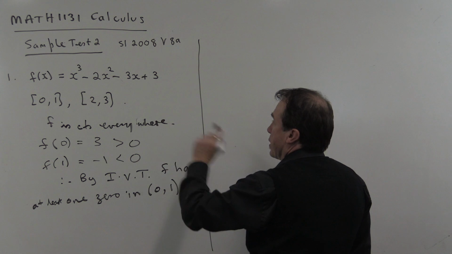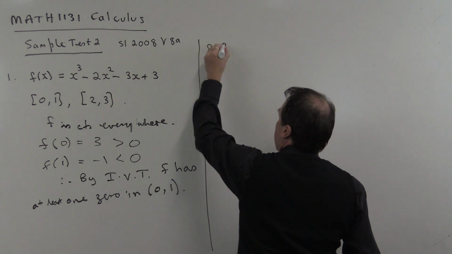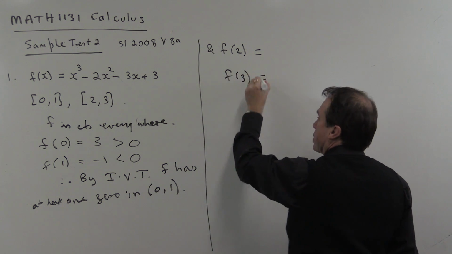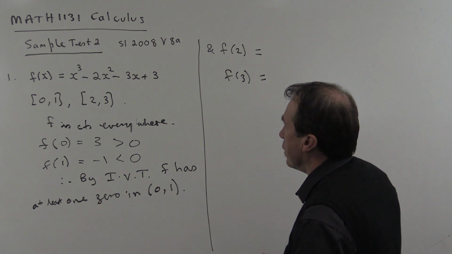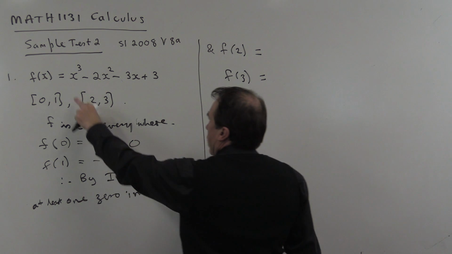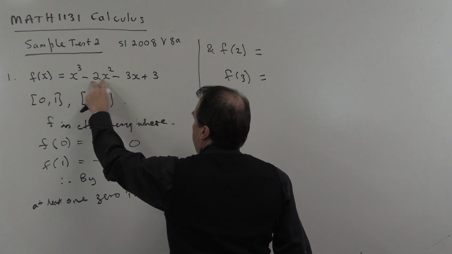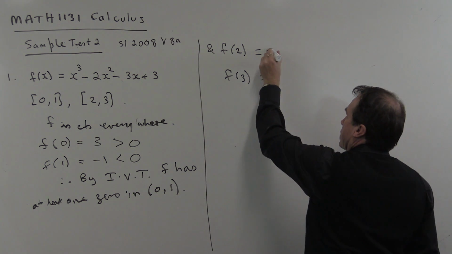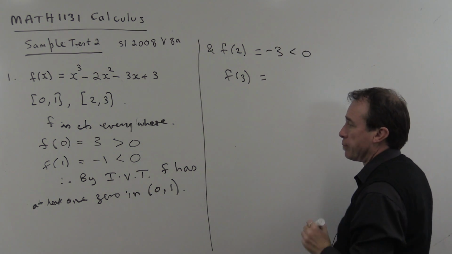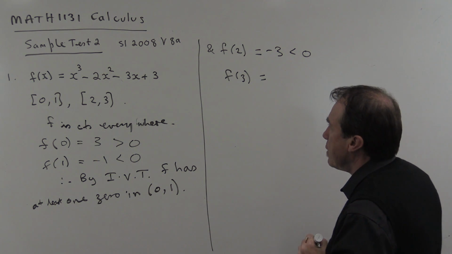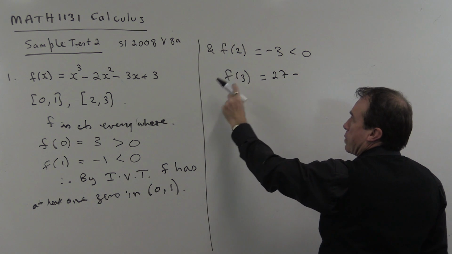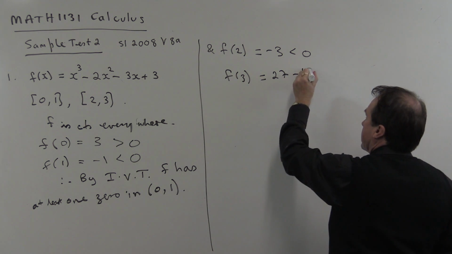And I do a similar thing for the next interval. f of 2 equals, and f of 3 equals, I've got to show there's a change of sign. So I put 2 in, I get 2 cubed minus 2 cubed, that cancels. So I get minus 6 plus 3 is minus 3, which is negative. And if I put in 3, well, I get 27 minus 3 squared times 2, that's 18.